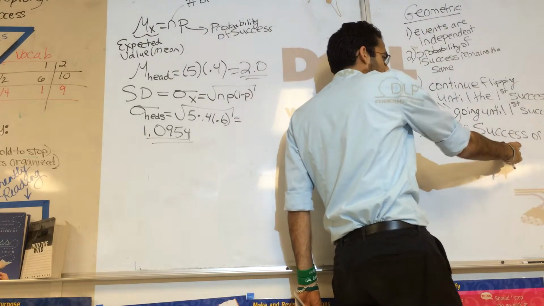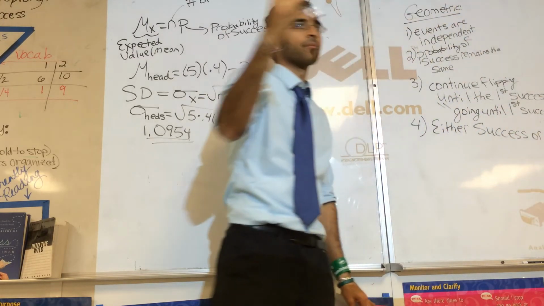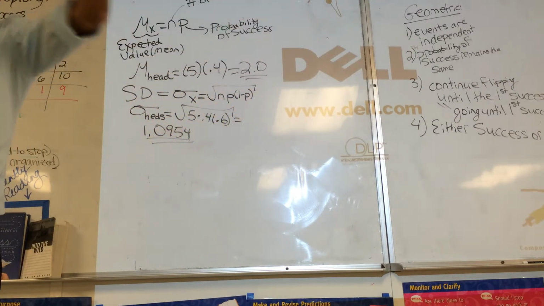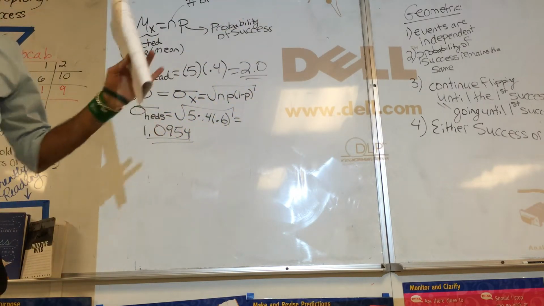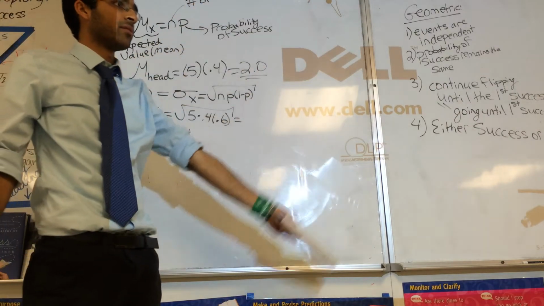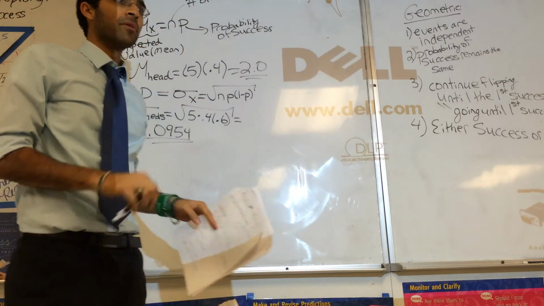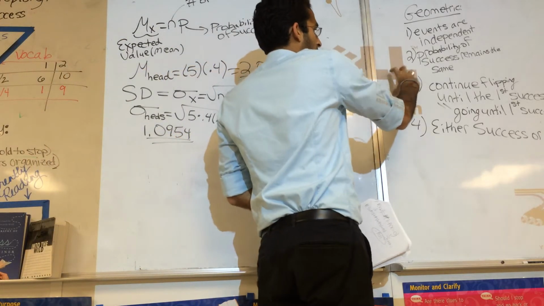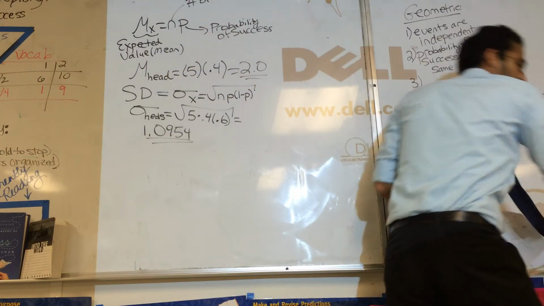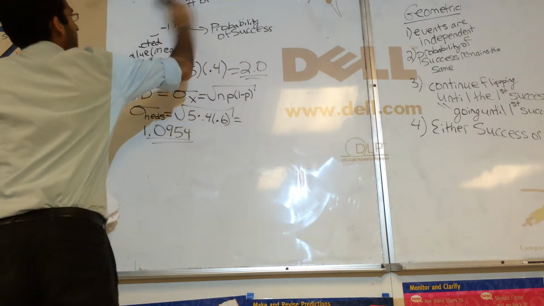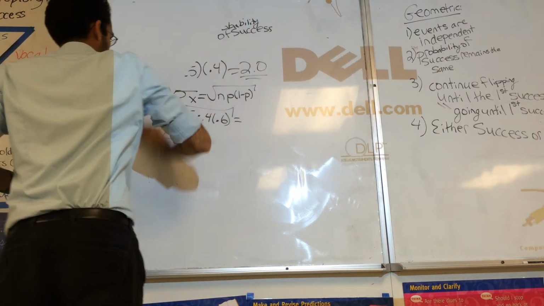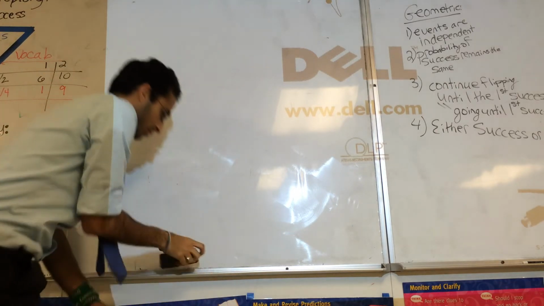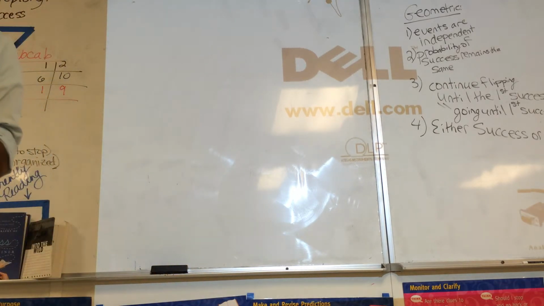Either you roll a 1 on the dice or anything else is a failure, no middle option. These are the 4 conditions for a geometric probability distribution. Very similar to binomial, except you continue going until the first success, as opposed to stopping after a fixed number of trials.